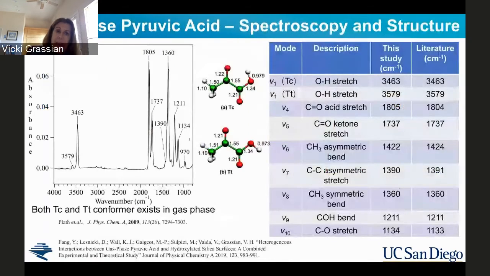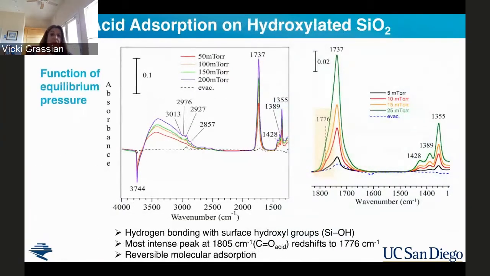If I go back to the gas phase spectrum, here the most intense peak is at 1805 wave numbers, but we see that we don't even have anything at 1800 wave numbers, and that band has actually shifted quite a bit towards 1776 wave numbers. The other thing I want to note is that when we evacuate this gas phase, we have that dotted line, and really pretty much everything desorbs from the surface, and so we have this reversible molecular adsorption.